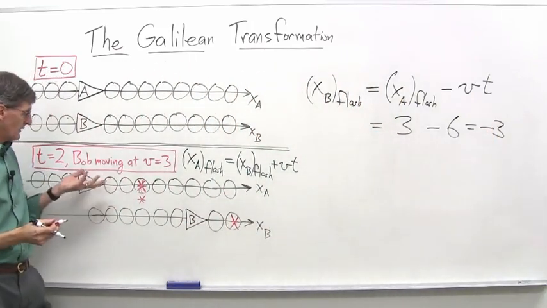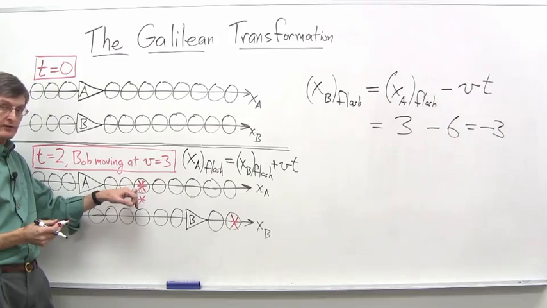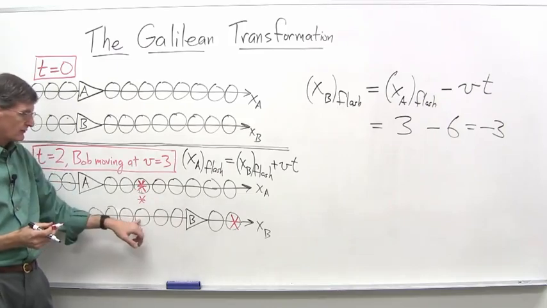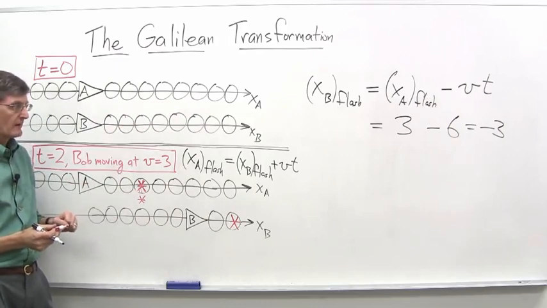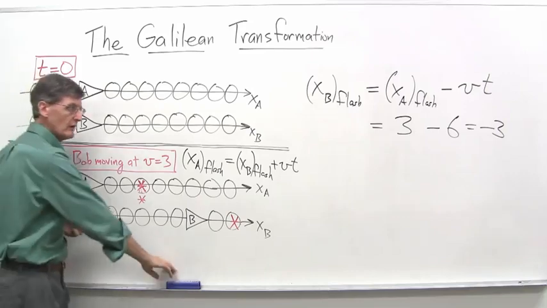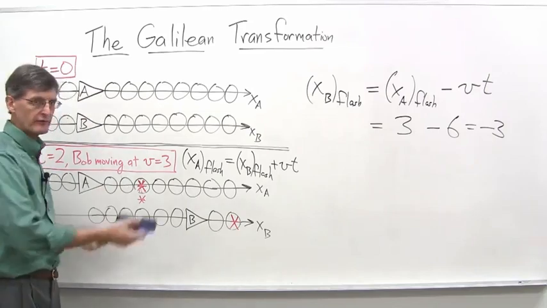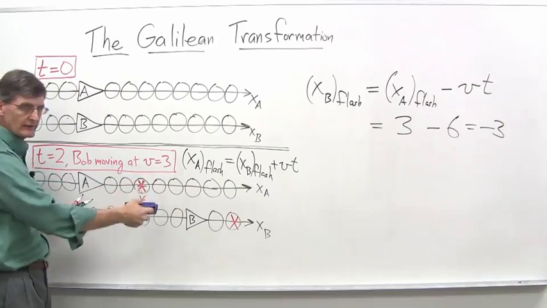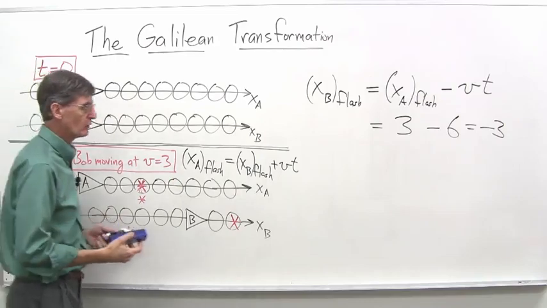Yes, the flash that Alice saw at t equals 2 seconds at position 3 is position -3 for Bob, according to our equation there. And we can do some more examples. In fact, let's just do 2 more examples here. But I'd recommend that you play around with this a little bit. Draw some diagrams like this, plug in the numbers, and convince yourself that this actually works.